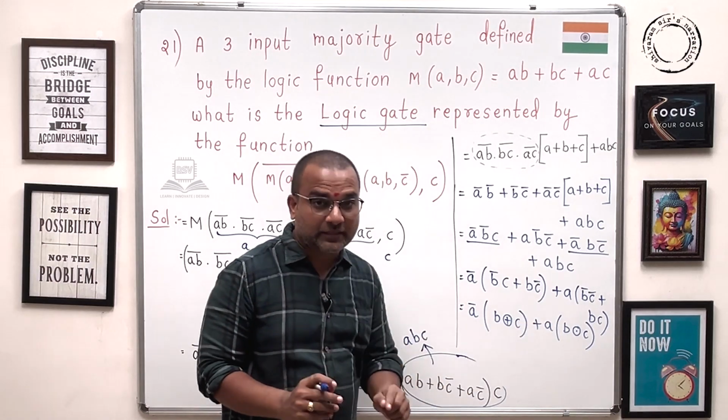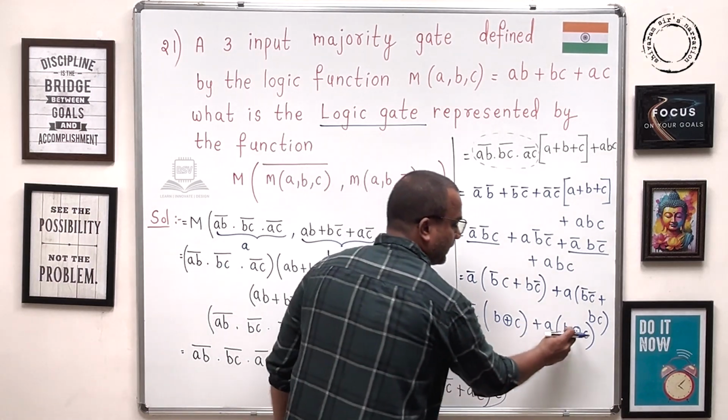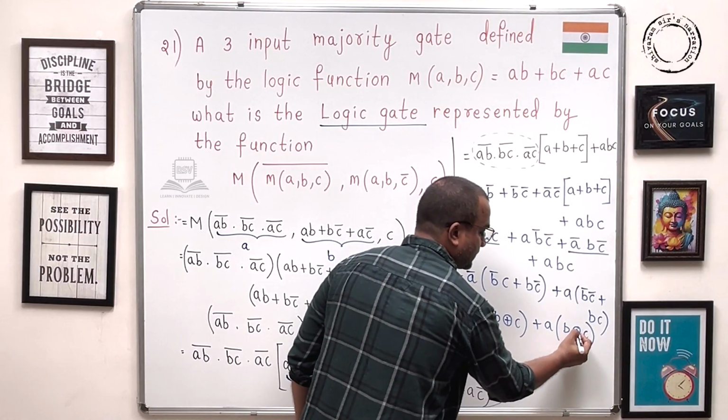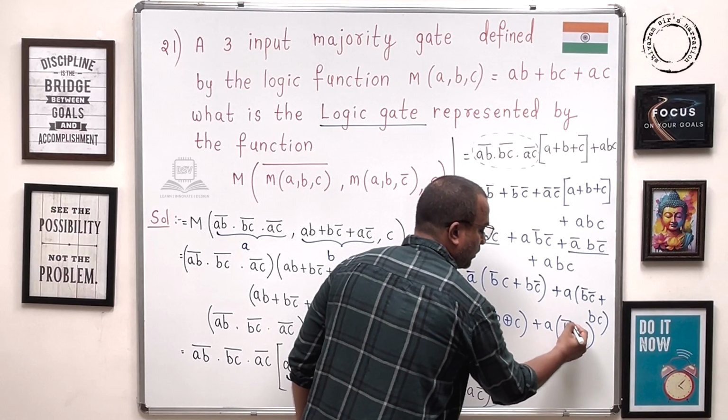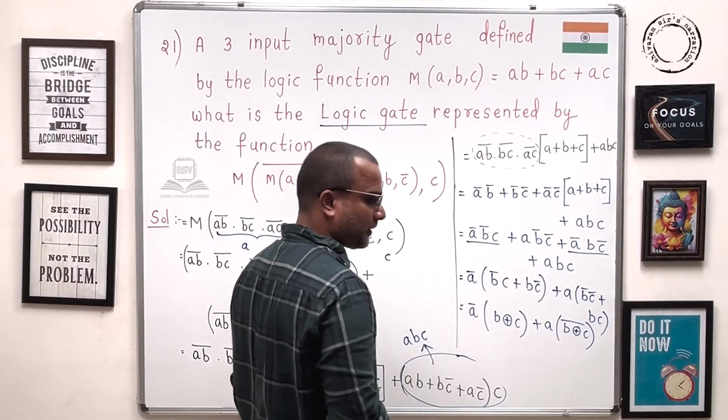And B XNOR C can also be written as (B XOR C) whole bar. This one.